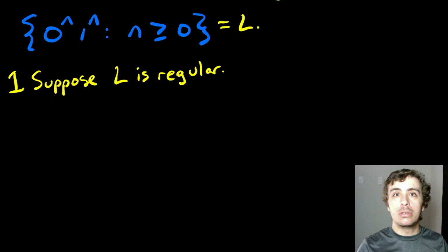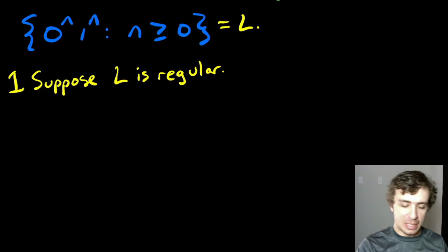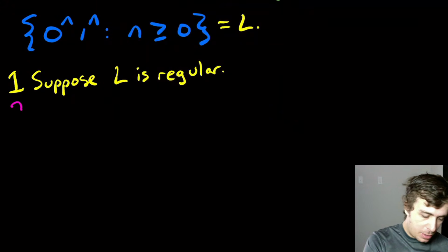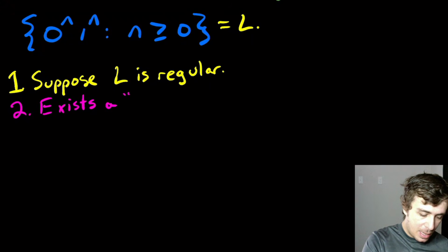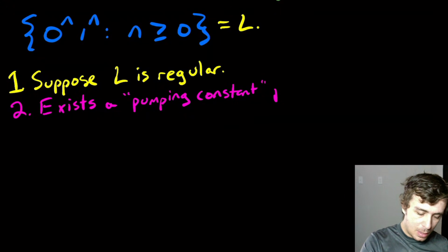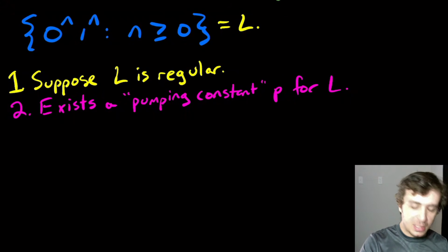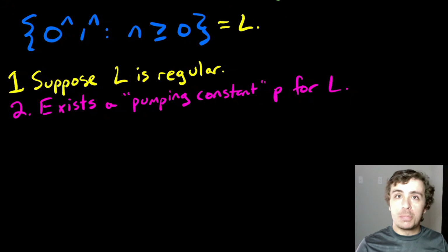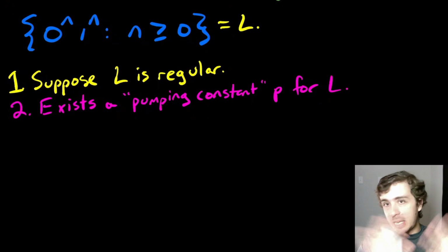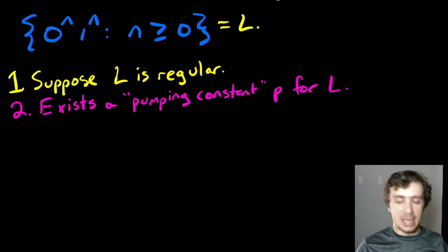Then, since we're assuming that L is regular, there exists a pumping constant, which we'll call P, for this language L, which corresponds to a DFA of that particular size, but we're not thinking of the actual DFA here.